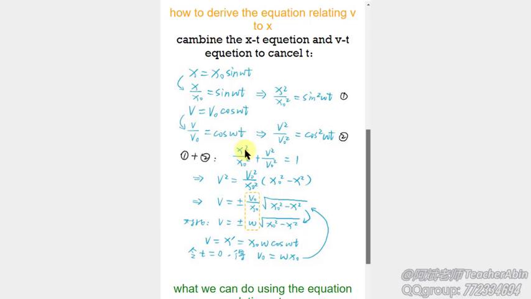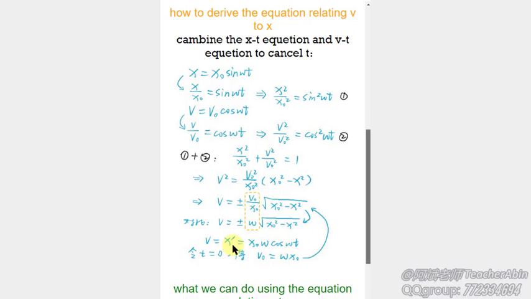If you want the omega out of a sine or cosine function, the only way is to take the derivative of the function. So we take the derivative of x with respect to t. We get dx/dt equals x sub 0 times omega cosine omega t.